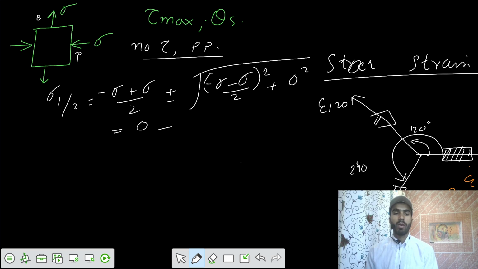So we got a value of 0 plus minus sigma. That means sigma 1 is plus sigma, and sigma 2 is minus sigma.